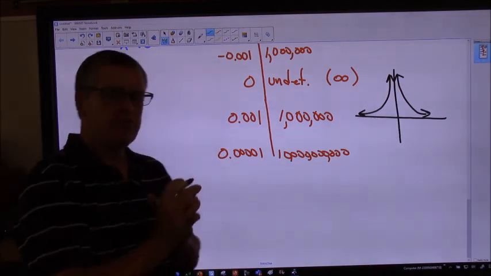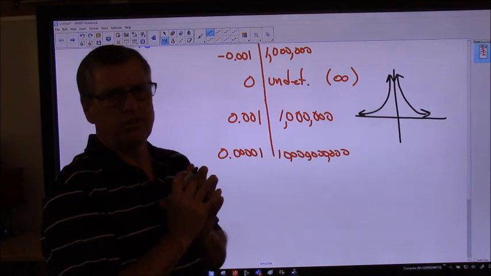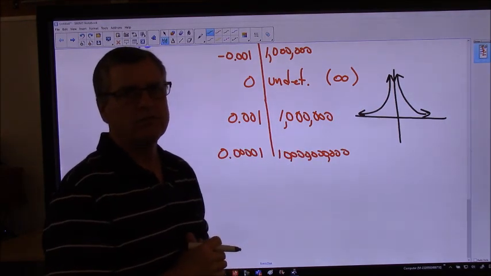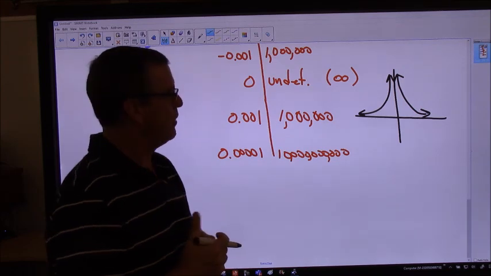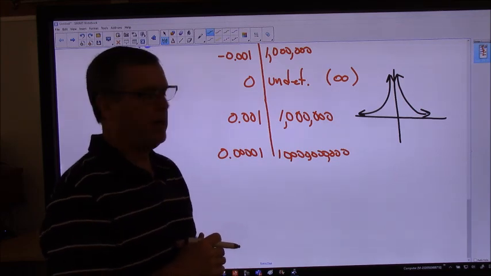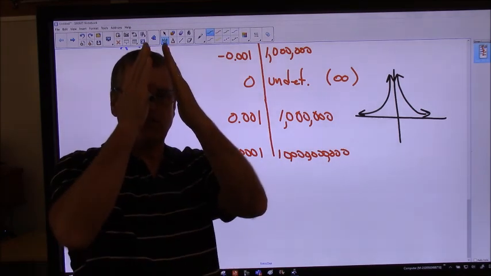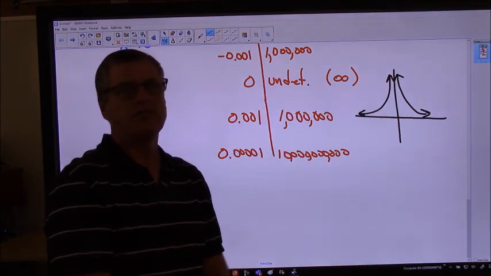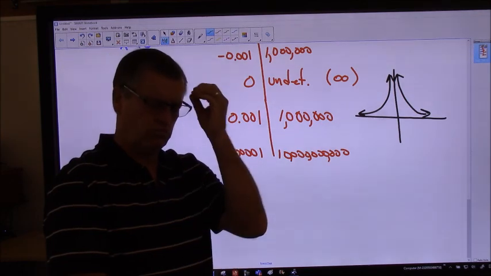Now, I have seen some books that have said this limit does not exist. And the argument would be, well, why not? They're both going to infinity, right? But does infinity equal infinity?